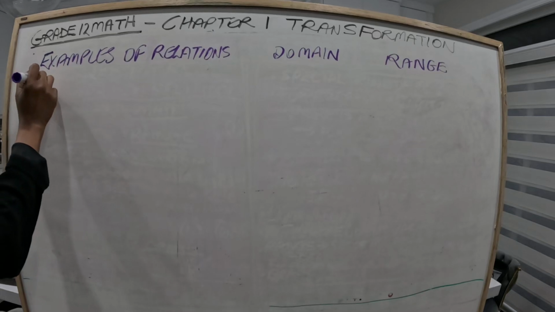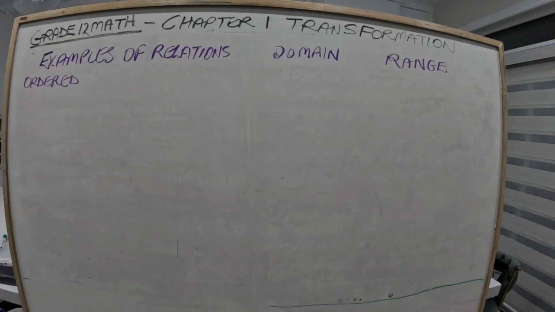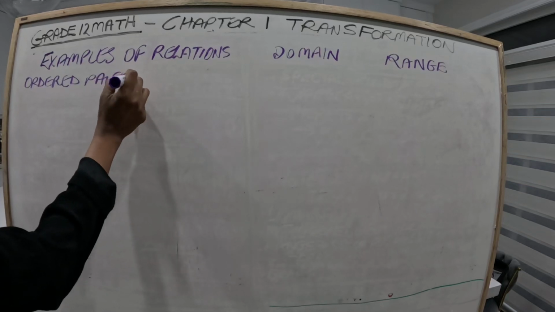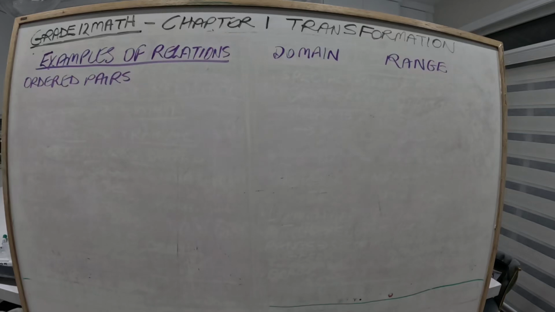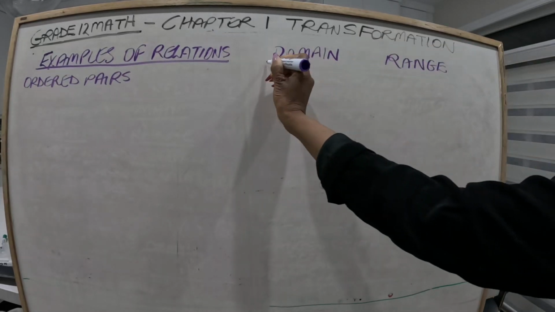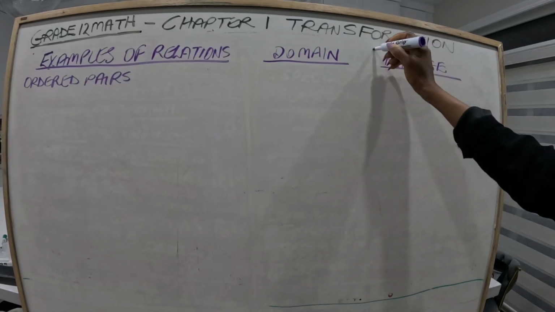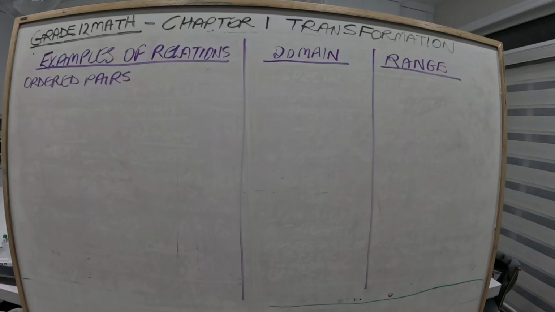So, in terms of ordered pairs, which is what we talked about before, these are the different ones.